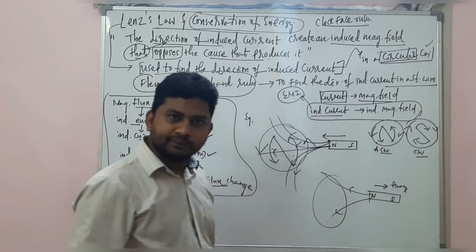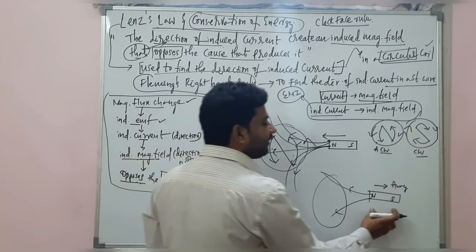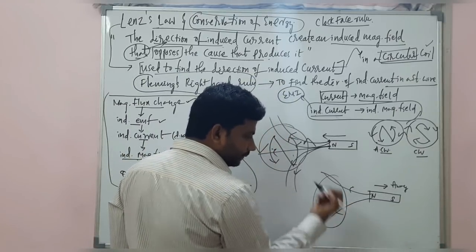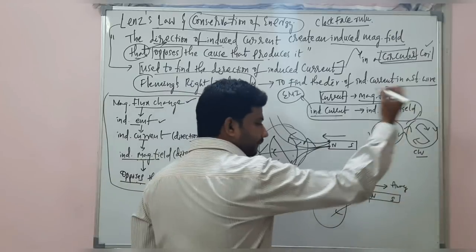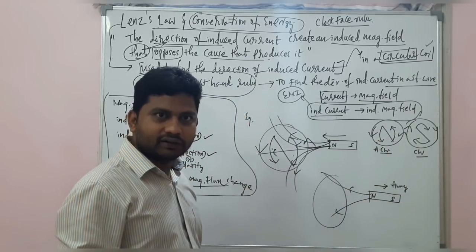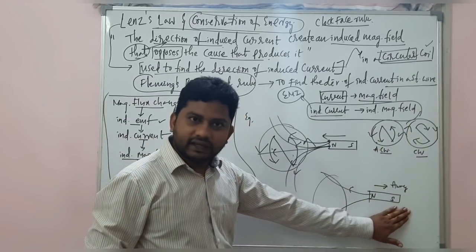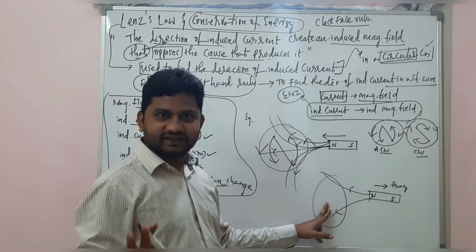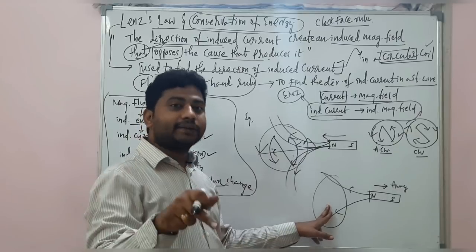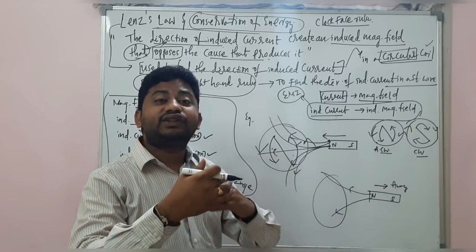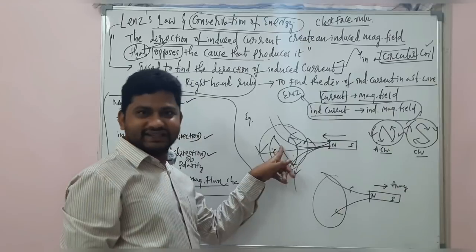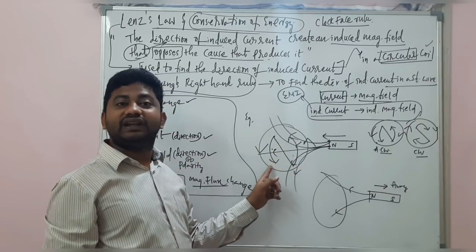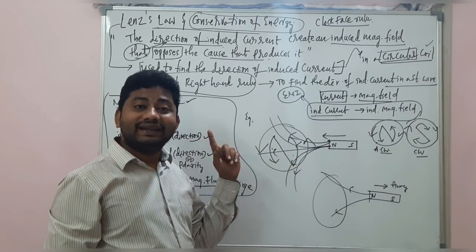See this? Here the magnet is moving away, but the field lines are entering only. Magnet is moving away. Here is the interesting part. When the magnet is moving away, there is a magnetic field produced here because of the flux change. But that magnetic field will try to increase the flux. Here, decreasing the flux. The induced magnetic field is trying to decrease the flux.